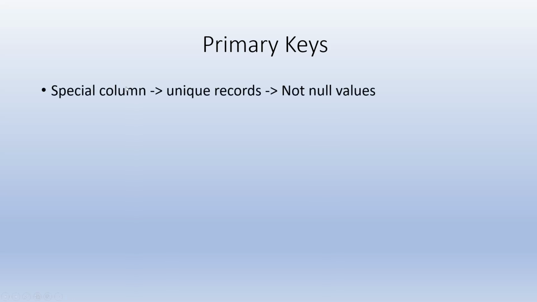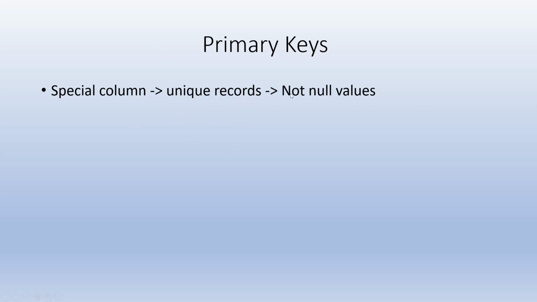A primary key is a special column in our table that indicates the unique records in that specific row. And what I mean by this, we will see. It means that it's a special column that can have a value, and that value needs to be unique across the whole table in that specific column.